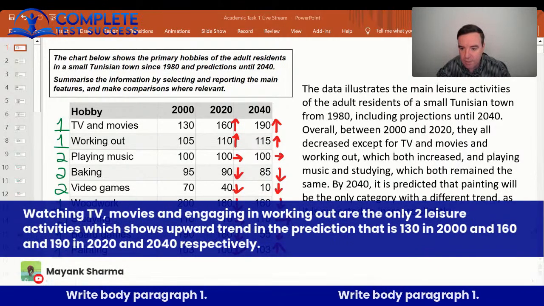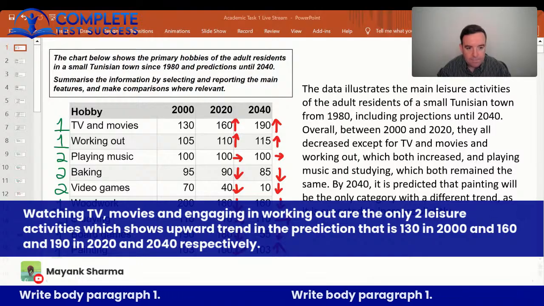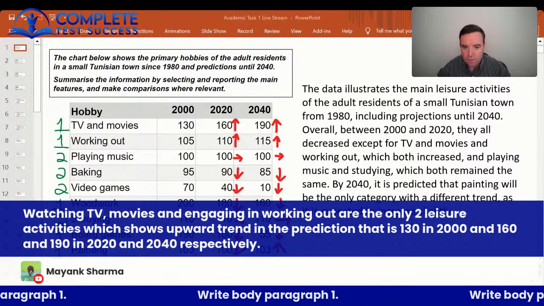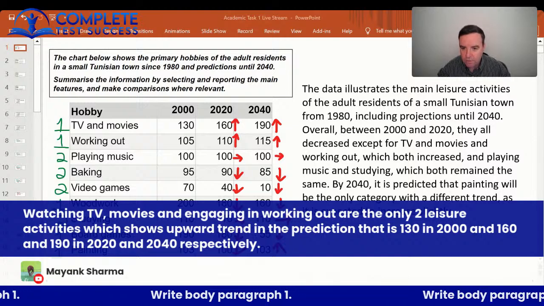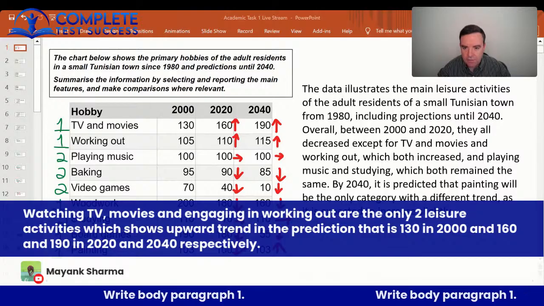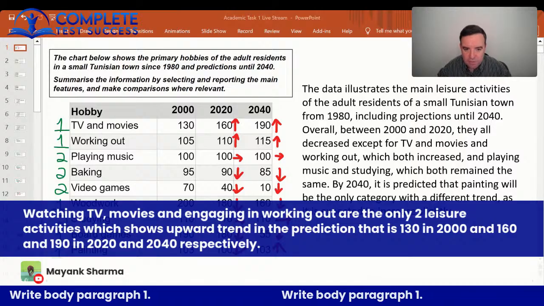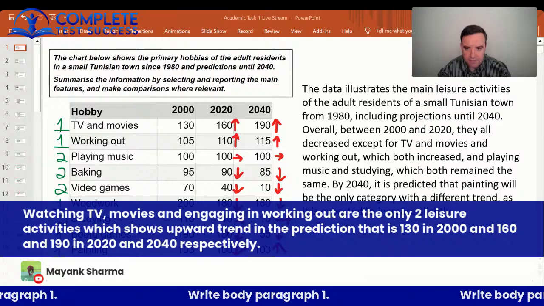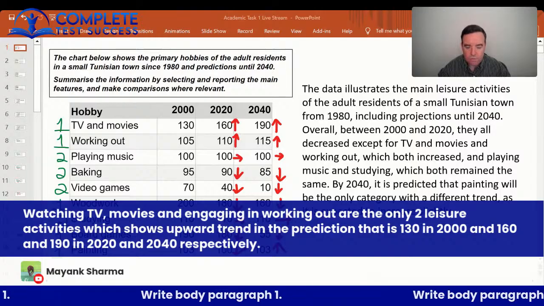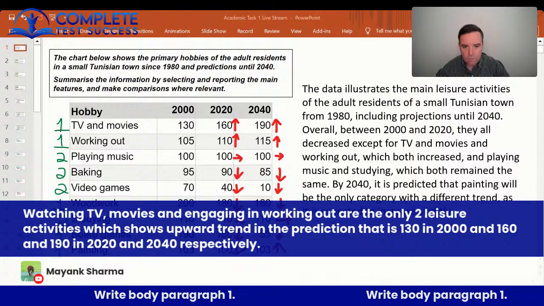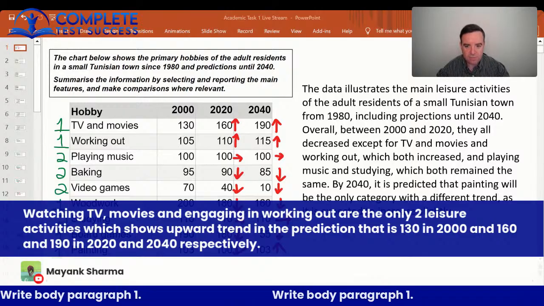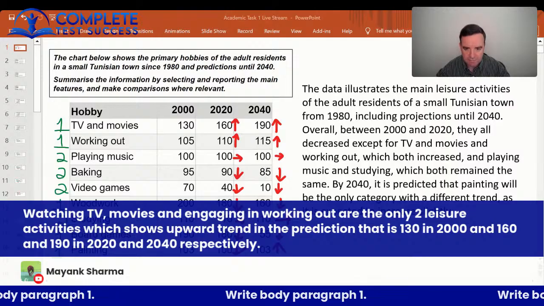Watching, so this is a new one here. Mayank, hi Mayank. "Watching TV, movies, and engaging in working out are the only 2 leisure activities which show upward trends in the prediction, that is 130 in 2000 and 160 and 190 in 2020 and 2040 respectively." So when you say that, what is respectively?